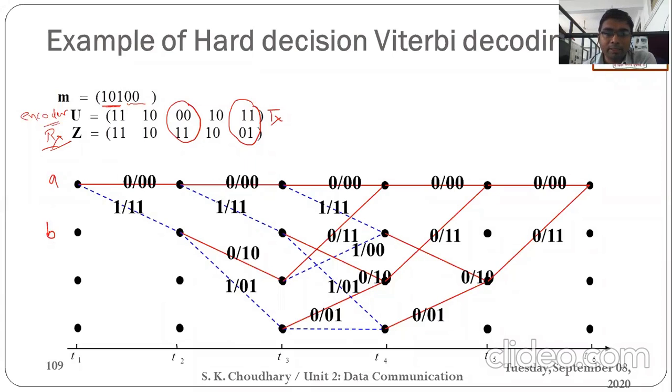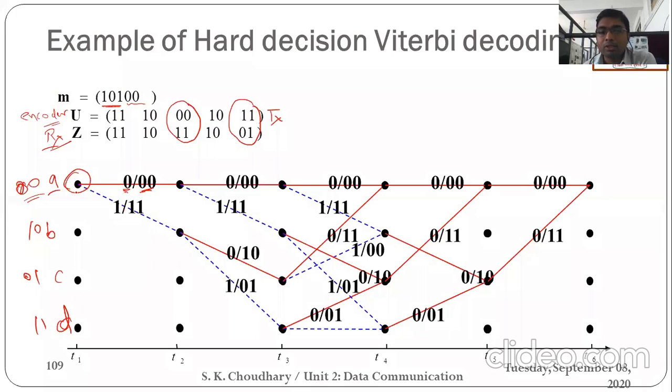Now this is a generalized trellis diagram, and we always start from state A. I have told you that these are A, B, and C: A means 0 0, then 1 0, 0 1, and 1 1. We always start with the 0 0 state A, and from this 2 branches are generated. Solid lines represent input 0, and dashed lines represent input 1, and after the oblique is the corresponding output.